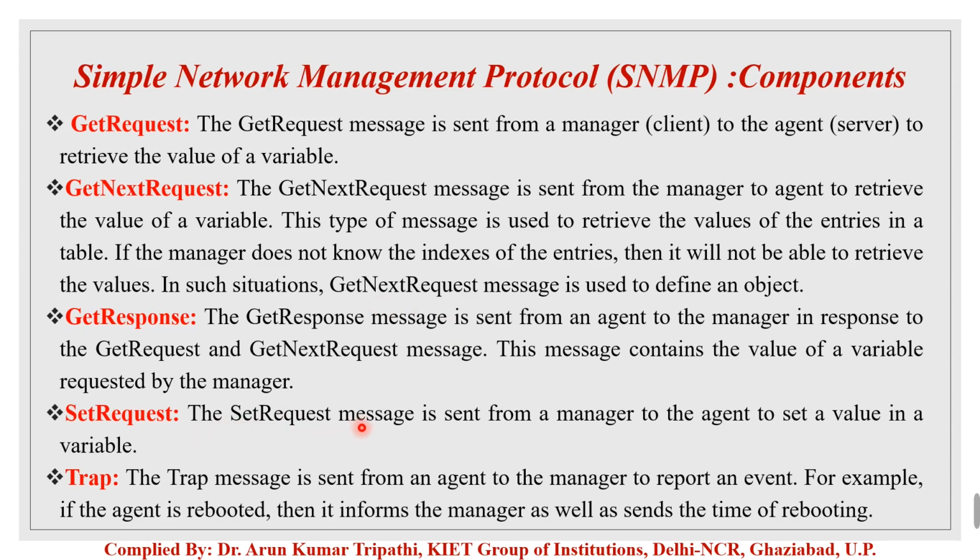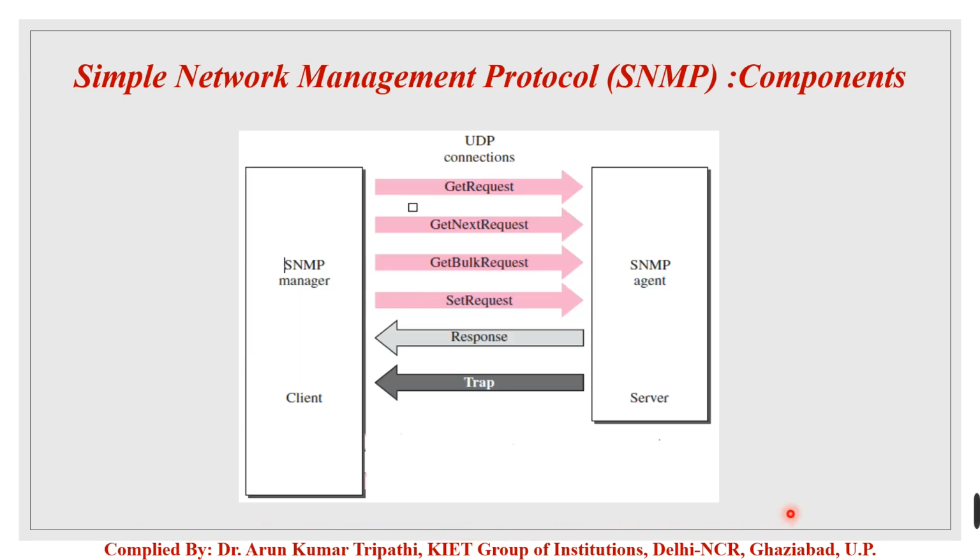Set request: the set request message is sent from manager to agent to set the value of the variable. Trap: the trap message is sent from the agent to the manager to report an event. For example, if the agent is rebooted, then it informs as well as sends the time of the rebooting.